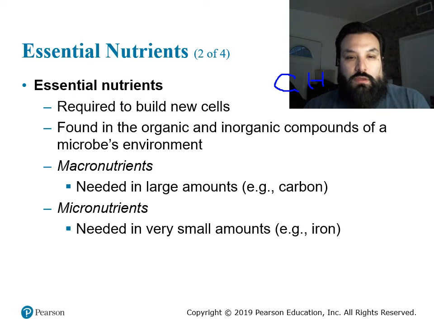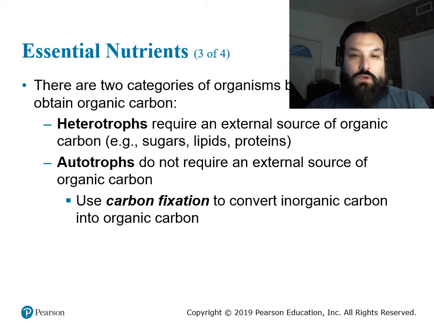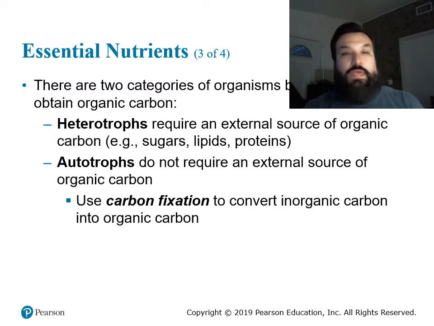Okay. So we use the word macronutrients, right? Macronutrients are things that are needed in large amounts. For example, carbon. We need a bunch of that. And micronutrients are things that are needed in really small amounts. Okay? All right. So talking about nutrients, we can classify organisms depending on if they need, for example, a certain type of nutrient.